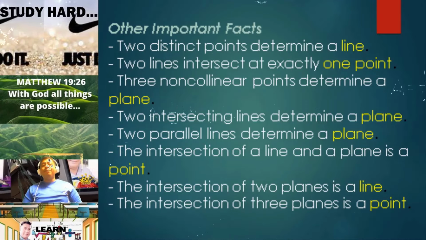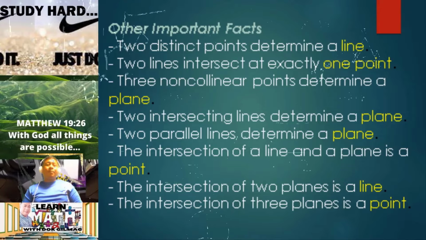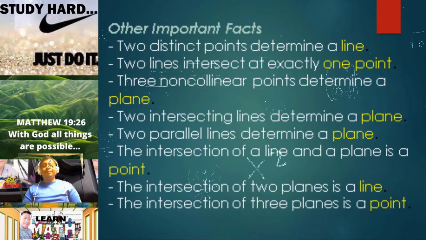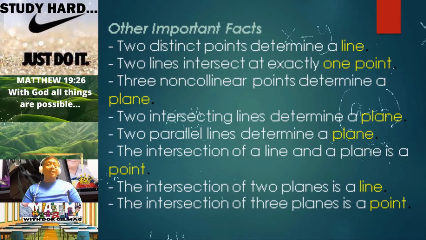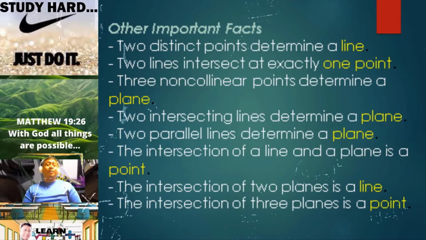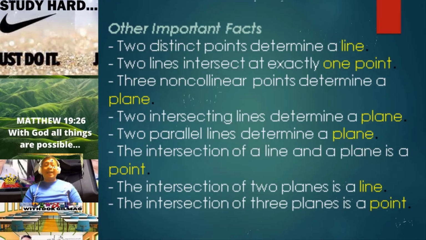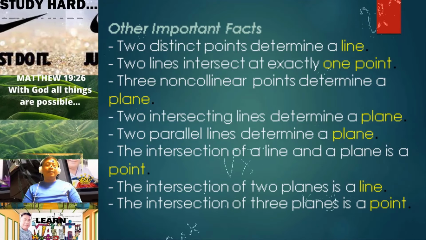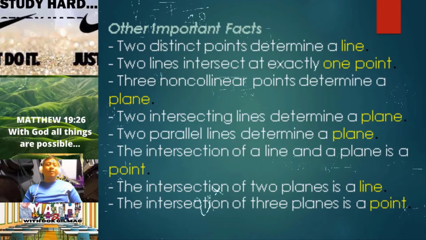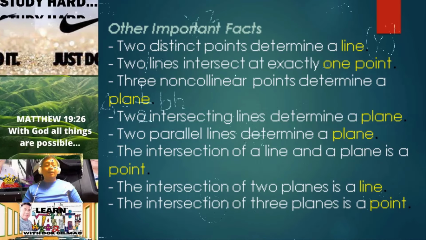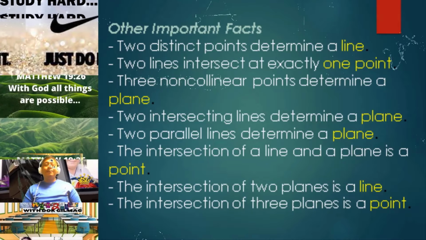Take note of that. Three non-collinear points determine a plane. When we talk about non-collinear points, these are points that do not lie in the same line. While collinear points are points that lie on the same line.